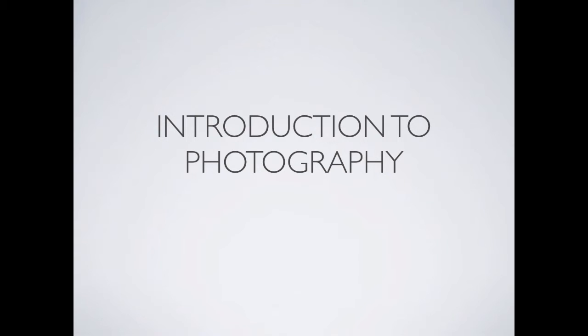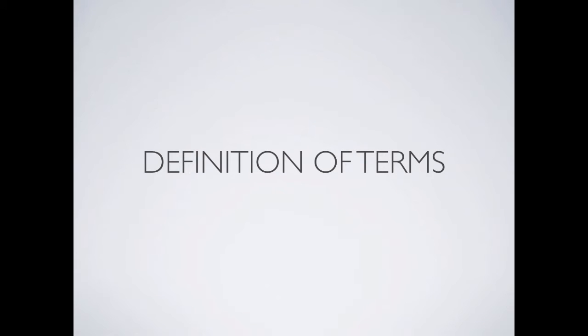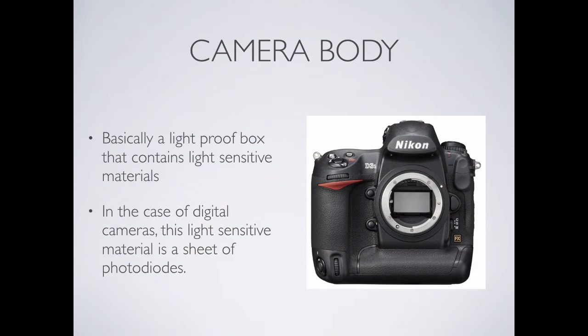Therefore, let's talk a little bit about the world of photography, and we'll start with the definition of terms. So what do certain things mean? Some of this will be blatantly obvious, like what is a camera body? Basically, a camera body is a black box. It's something that's light-proof that then has a lens attached to it that lets light in or out. When that light comes in, it hits some kind of a sensitive material.